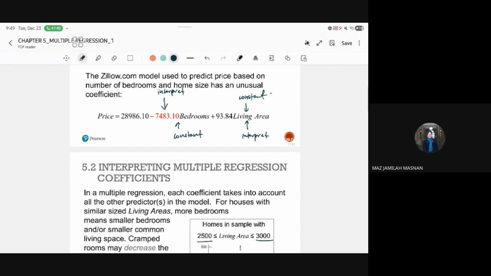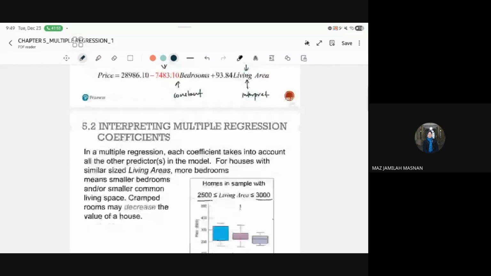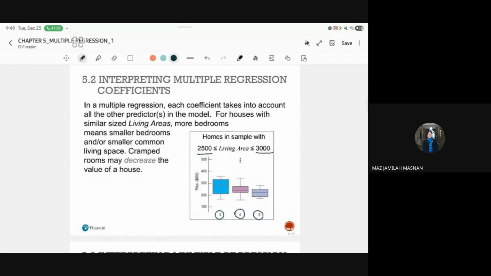We can only interpret one coefficient based on one single IV, taking into consideration that the rest of the IVs are constant. So in this case, for houses with a similar size living area, more bedrooms means smaller bedrooms.